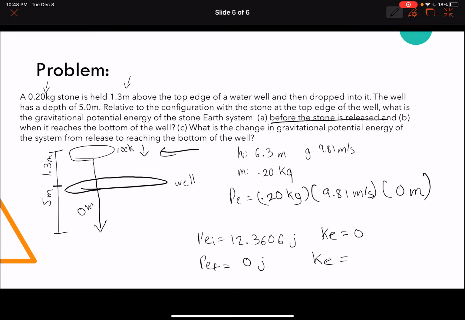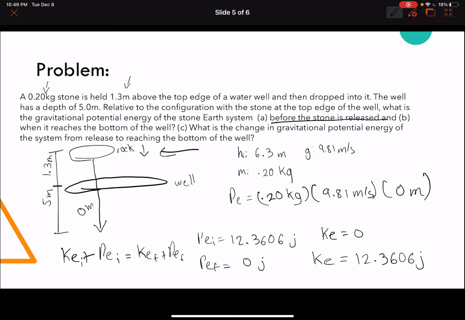So we don't have to do much work because using our formula from the beginning, we know that kinetic energy plus potential energy initial is going to be equal to kinetic plus potential final, in the case that we don't have any additional work that goes into our system. And in this case, again, we don't have any additional work, so we can see that our kinetic energy is 36.06 joules. And we don't have any potential energy anymore because we're at the bottom.